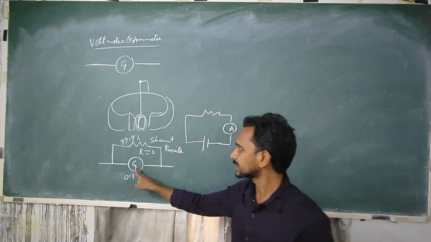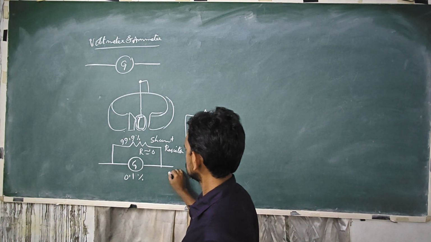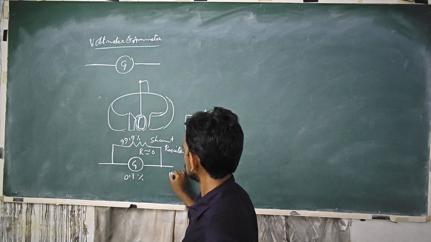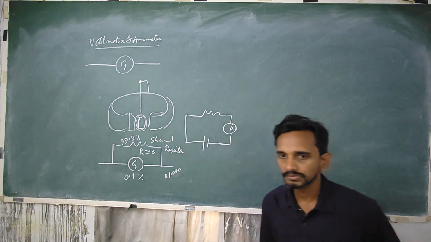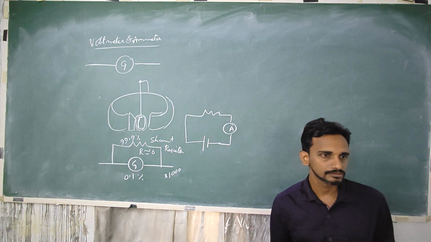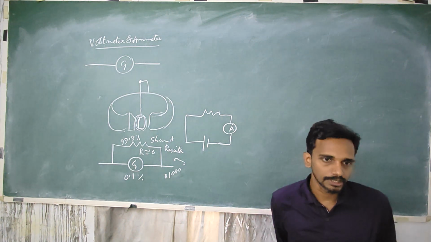So whatever reading I get here, I multiply with 1000, and then I'll get my reading.